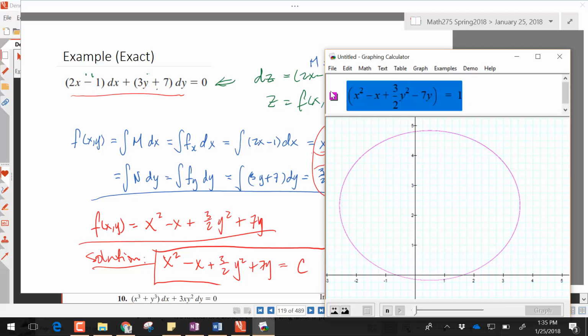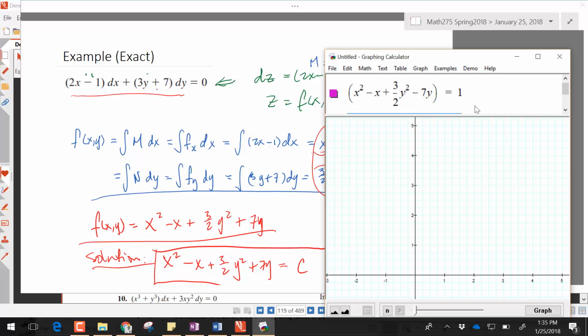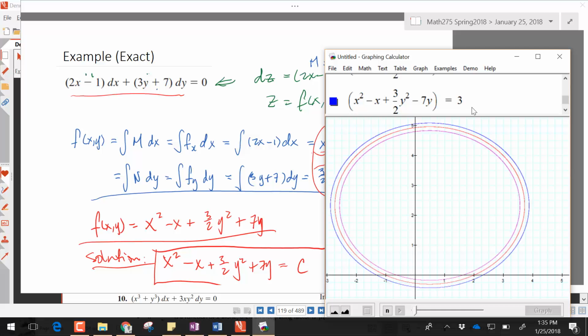So when we take this and draw a whole bunch, here's our family of functions, at least 3 of them.